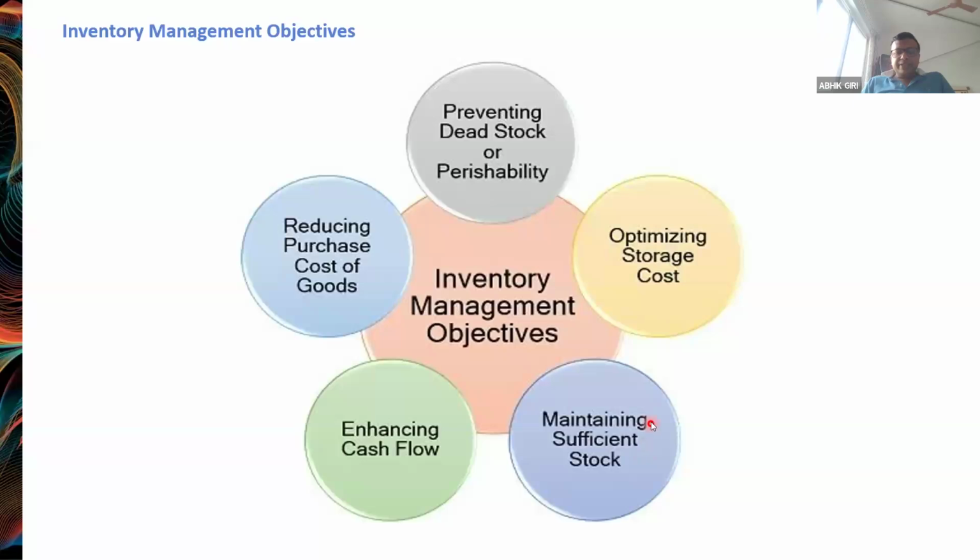We need to maintain sufficient stocks, because if we run out of stock, then we lose out on revenue. Enhance cash flow, so we should not be putting in too much money to buy the material and keep it lying unused in our factory for a long time, because then we have reduced our cash flow. Reducing purchase cost of goods, so again, this is linked with the inventory holding cost.